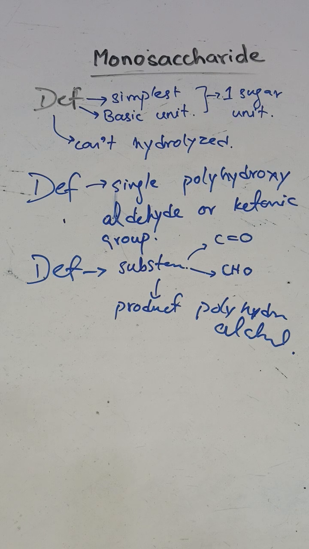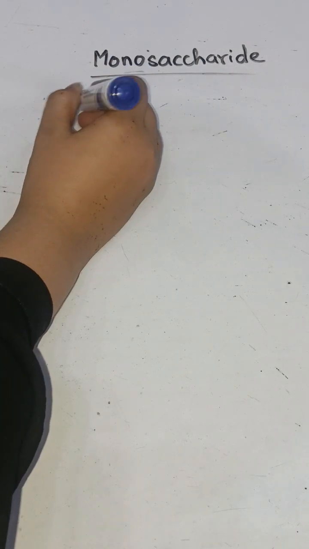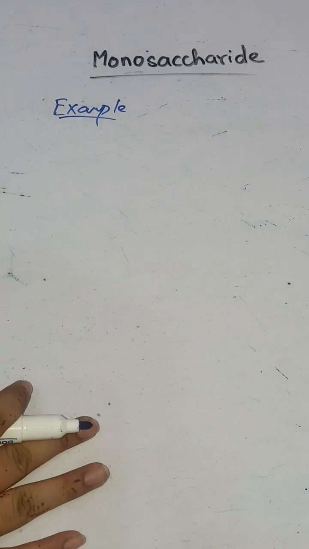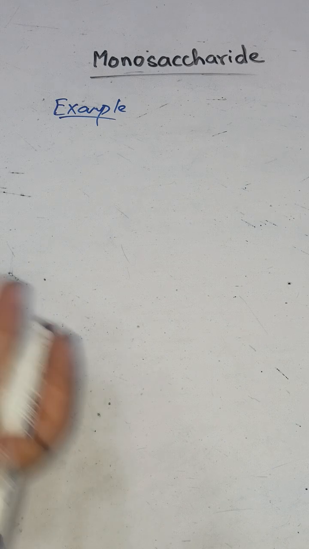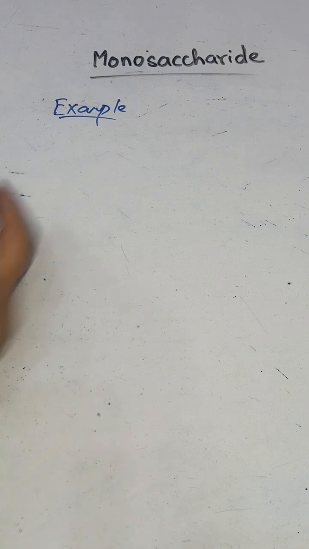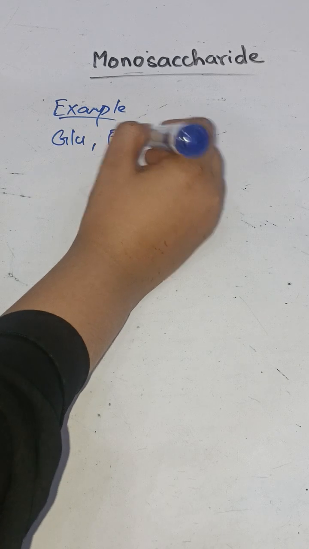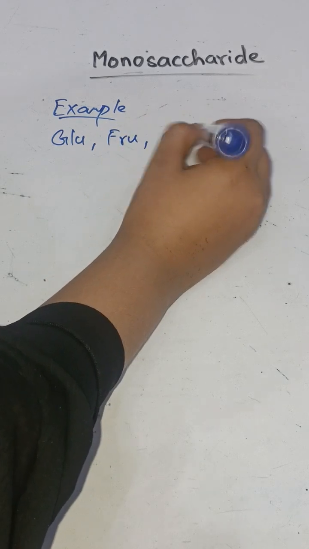Now we are going to start the next detail of monosaccharide. After the definition, we are going to see the examples of it. The most common examples of monosaccharide that we are going to see in the whole chapter are glucose, fructose and lactose.